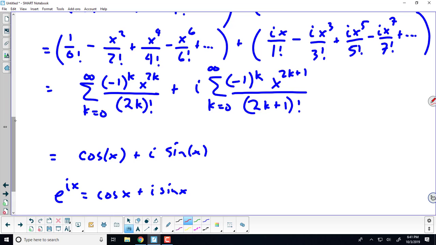So I guess you could say the i's are there because it's all odd powers of i's that don't vanish. But no, this is all straight up factoring things out and just rearranging them into the correct series. It's really kind of neat, right? I mean, to be able to get down into the inner workings of e to the x and show that it's got sine of x and cosine of x inside of it.